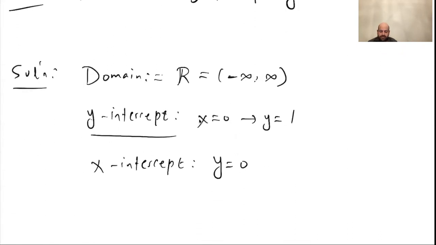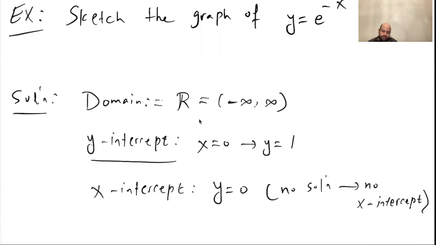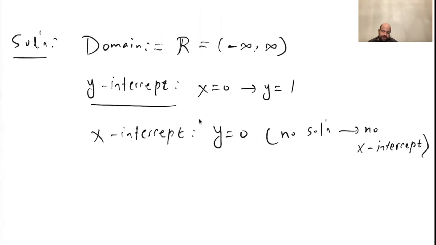So this has no solution, which means no x-intercept. The reason is that exponential functions are always positive.